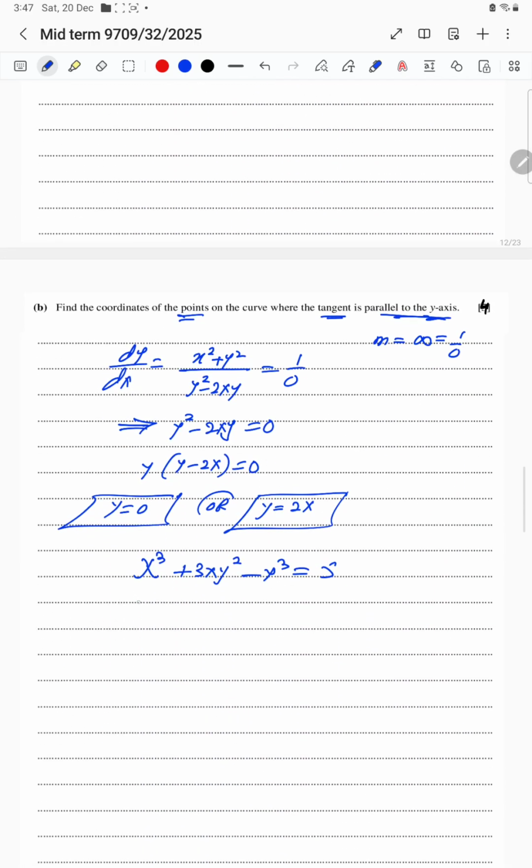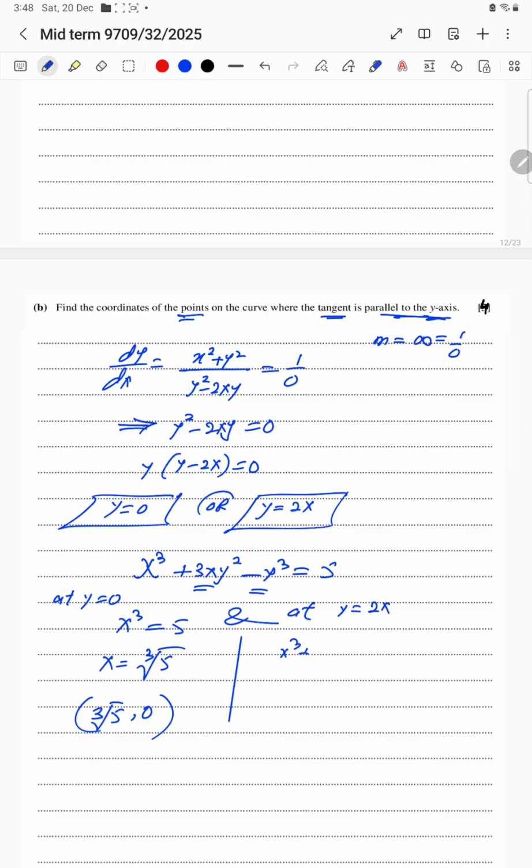Okay, now replace y with 0: x cube, this becomes 0, minus this becomes 0, equal to 5. So x will be the cube root of 5. So one point is cube root of 5 comma 0.